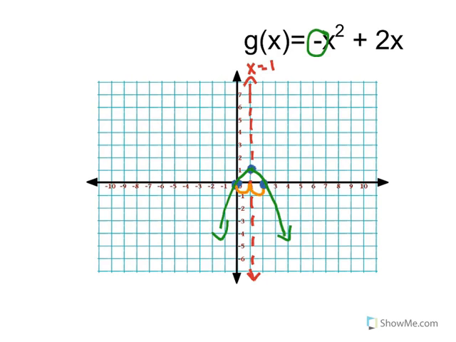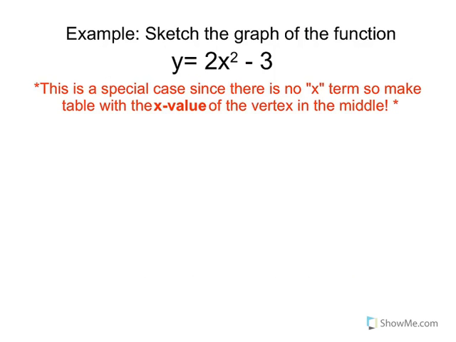So let's look at another example. This one's going to be a special case. So we have y equals 2x squared minus 3. The reason that it's a special case is because there's no x term in the middle, so there's no b. So first we're going to start out with that same step of finding the axis of symmetry. We're always going to do that.